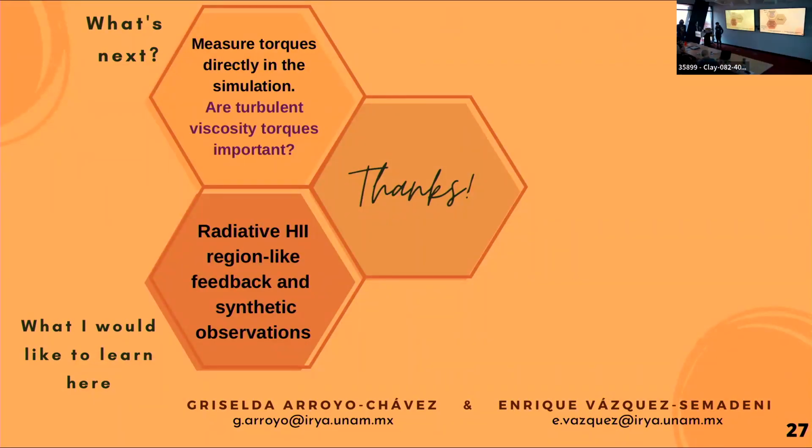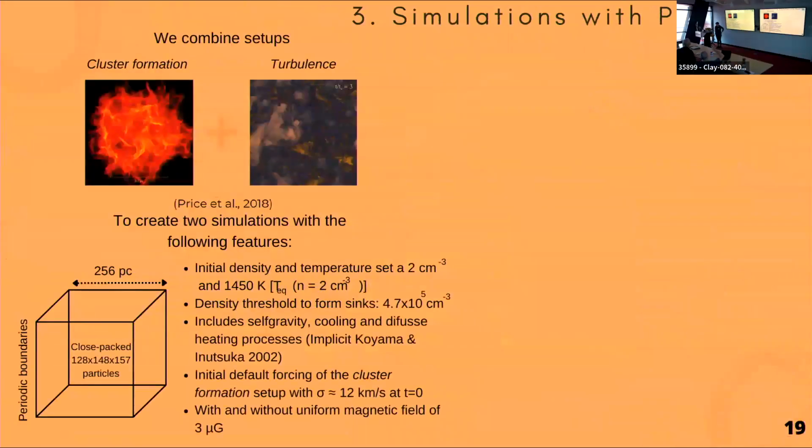Thank you. Any questions? So I was wondering about how you got everything started. You said you'd combine the turbulent setup and the cluster one. Does that mean you've run a box for a bit without gravity and then switched on gravity, or is it just an impulse at the start?